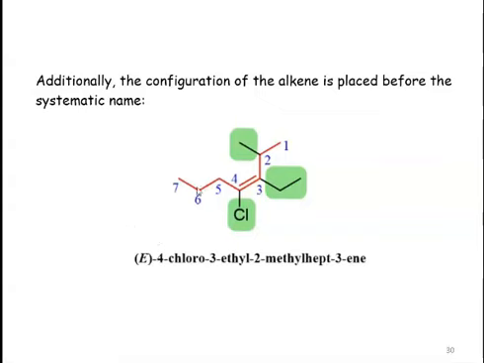The E configuration of this alkene, the capital E within round bracket, is placed at the foremost position to give the correct IUPAC nomenclature of the given alkene molecule.